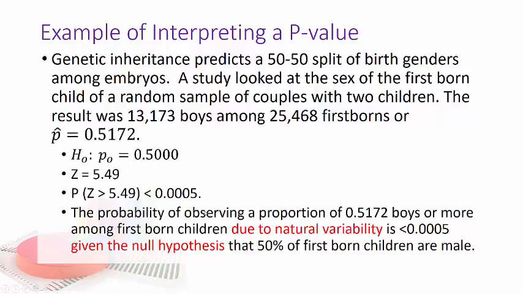The probability of observing a proportion of 0.5172 boys or more among firstborn children due to natural variability is 0.0005. It's less than that, given the null hypothesis that 50% of the firstborn children are male. So we're going to reject the null in this case.